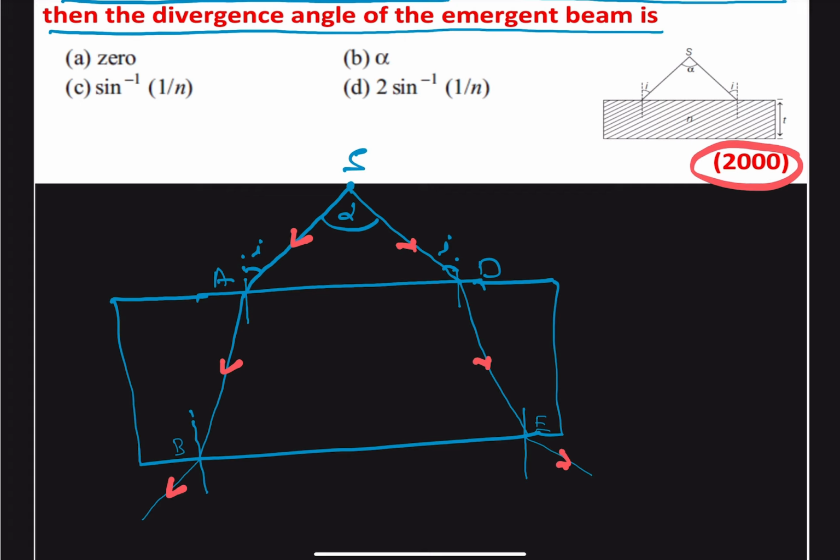It is given that the angles of incidence are the same, I and I, therefore the refraction angle will also be equal. This will be R, so this will also be R, and the emergence angle will also be I for both the rays.